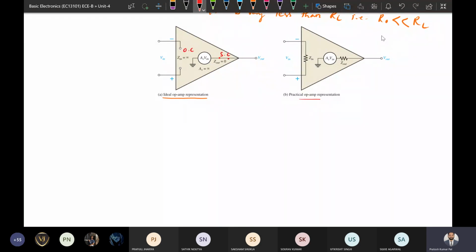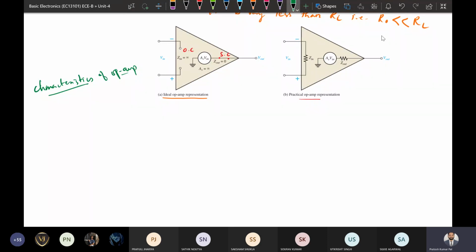Now we will see some characteristics of the operational amplifier. Here we will see some parameters, and what the case will be for the ideal one and for the practical one.